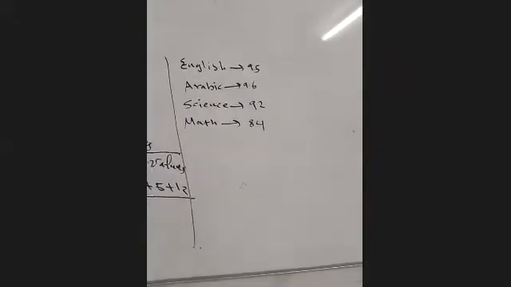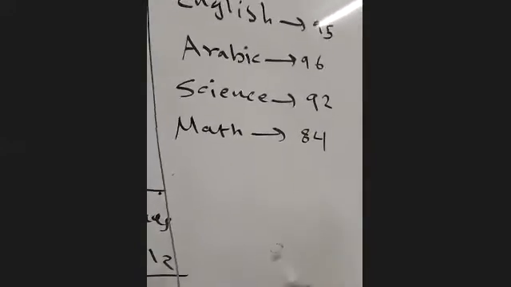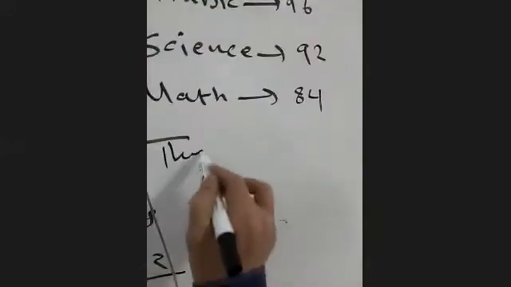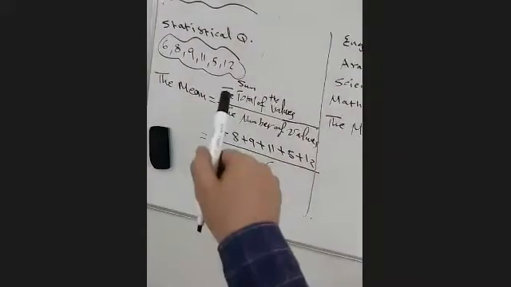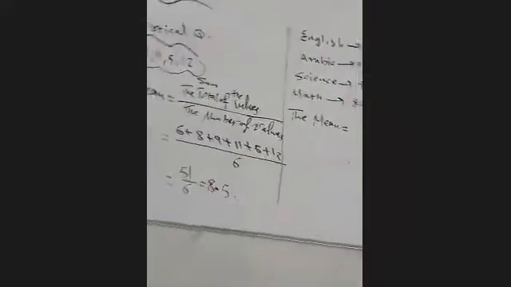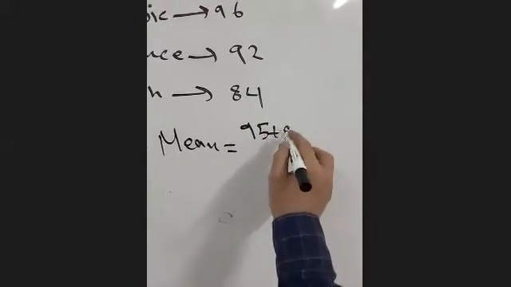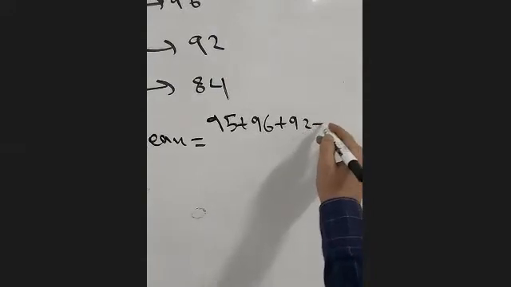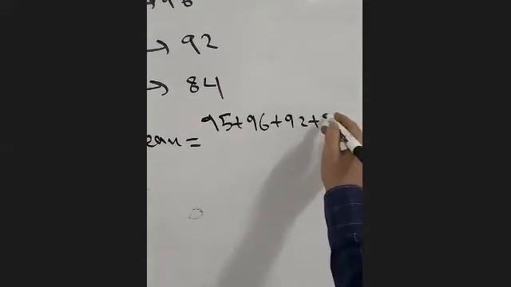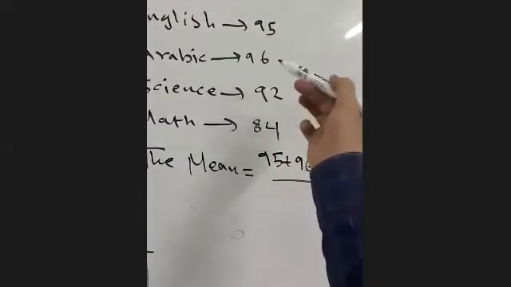If you want to find your average, in Arabic معدلك, what you will do? The average means the mean. And to find the mean, follow its formula. You add the numbers up, down you divide by the number of the values. So here 95 plus 96 plus 92 plus 84 over how many values you have? 4.